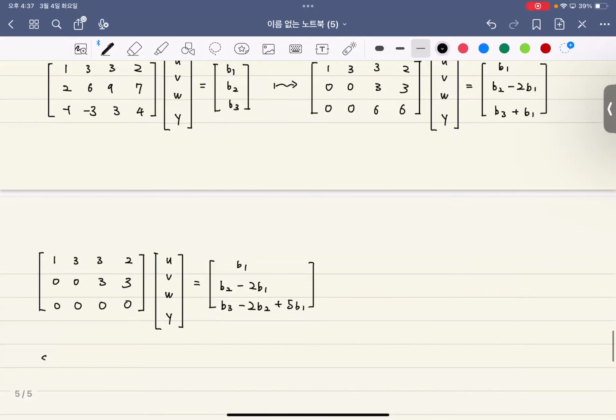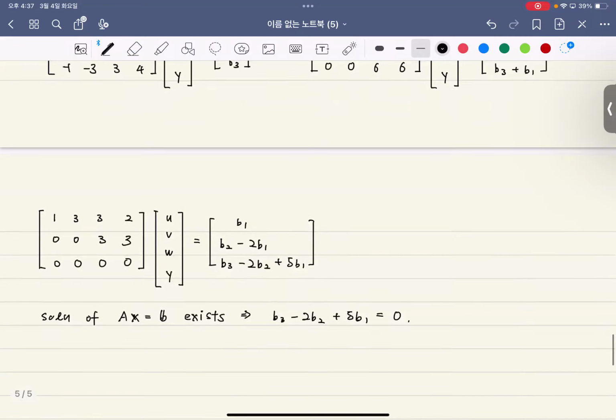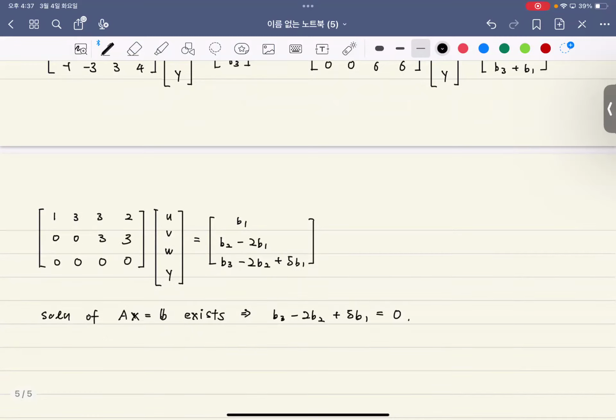So a solution of AX equals B exists if, in order to have a solution, B3 minus 2 times B2 plus 5B1 must be 0, right? This last entry must be 0.